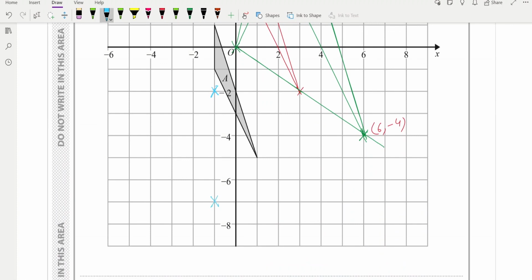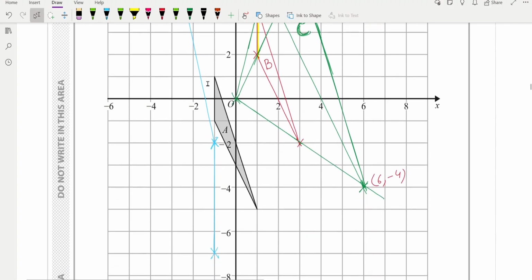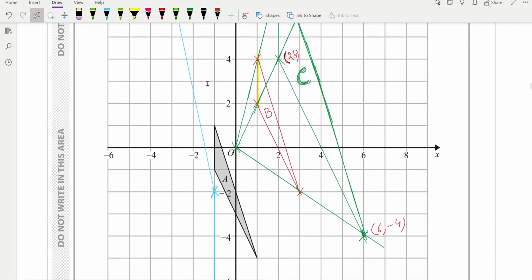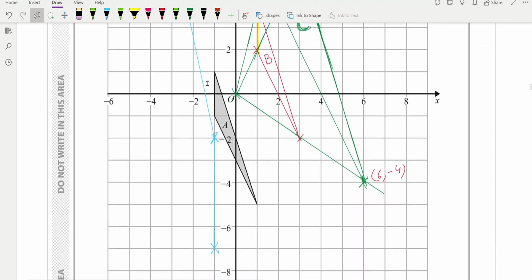Now if we draw this triangle, this will be this line, and then we can join this with this one, and then we have to join that huge big one. I will try to be accurate.